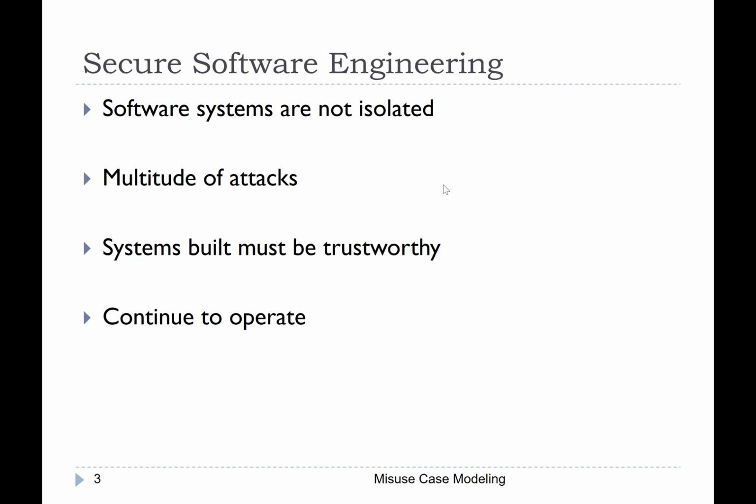Anyway, our systems, be it connected to some sort of a network or not, are vulnerable to a multitude of attacks. There are so many types of attacks that exist, okay? There's the social engineering part, okay?